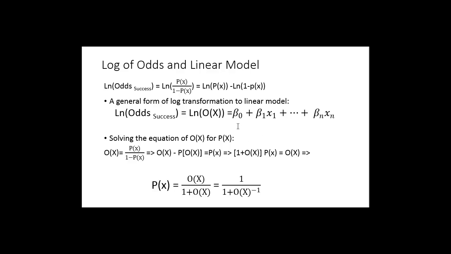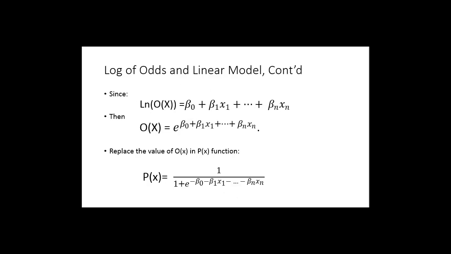So we go back to the equation of odds of x and probability of x and solve this equation for probability. So probability of x will be 1 over 1 plus the inverse of odds of x. So we continue to this formula, which is the natural log of odds of x will be the linear model.